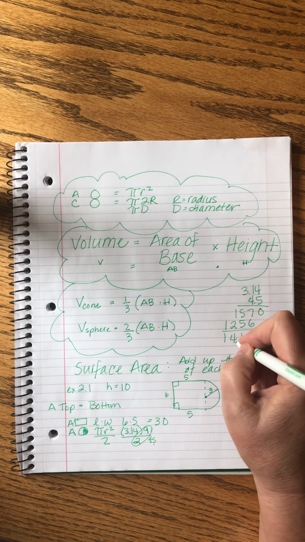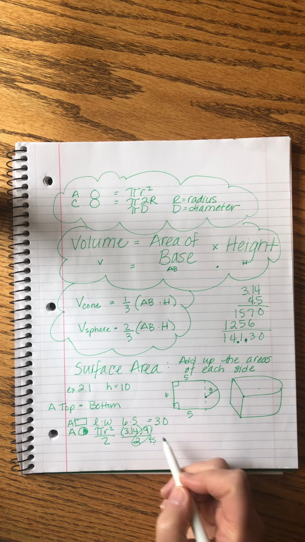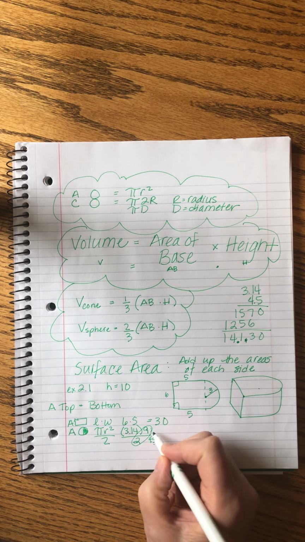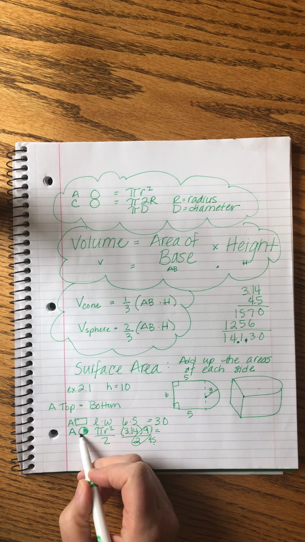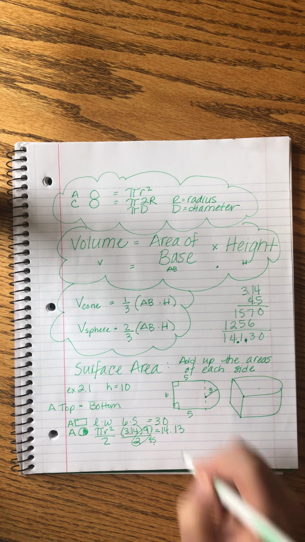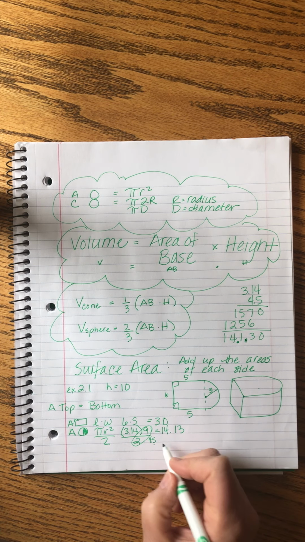Oh, I put my decimal in the wrong place, but there it is. Okay, so what I calculated is that the area of the semicircle is 14.13, right? So now we've calculated one of these surfaces.